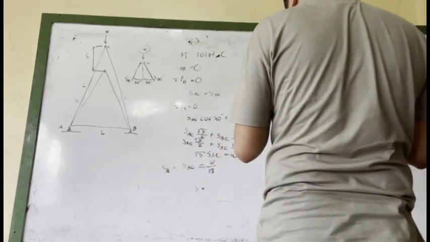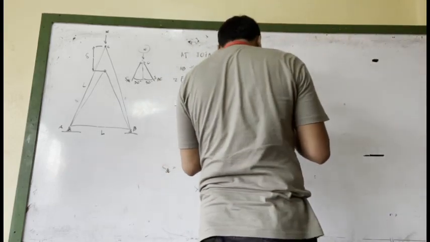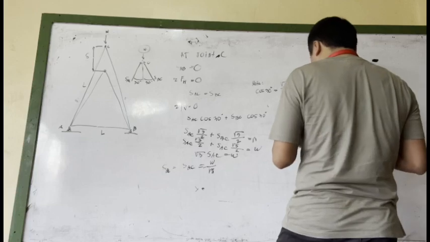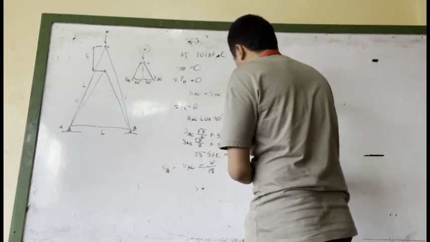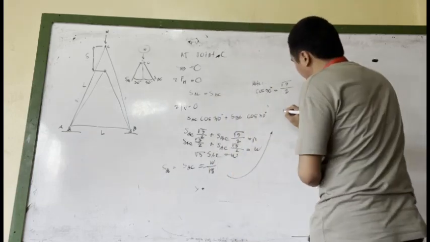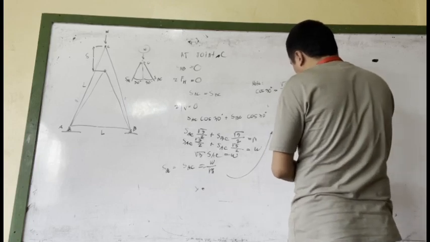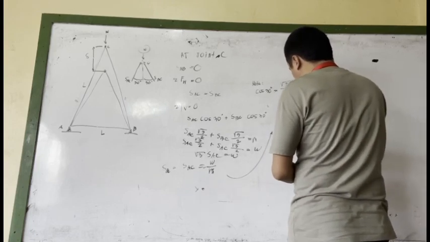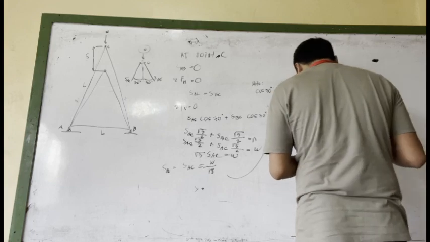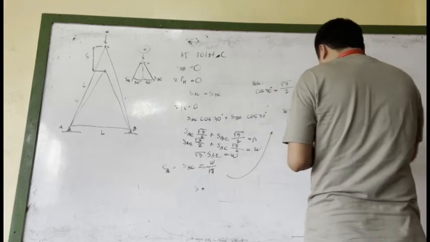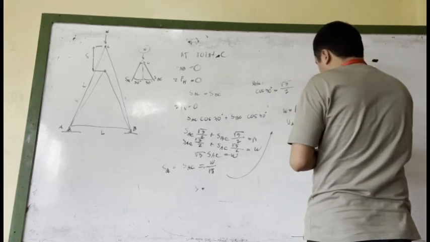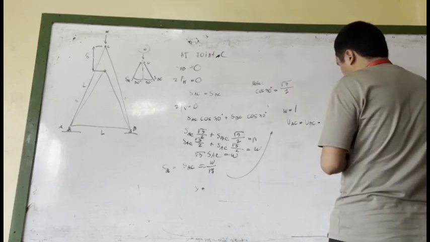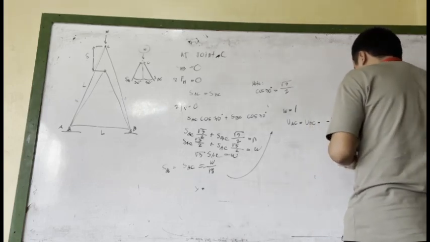Now for the unit load, we set W equal to 1. So U_AC equals U_BC, which is equal to 1 over square root of 3.